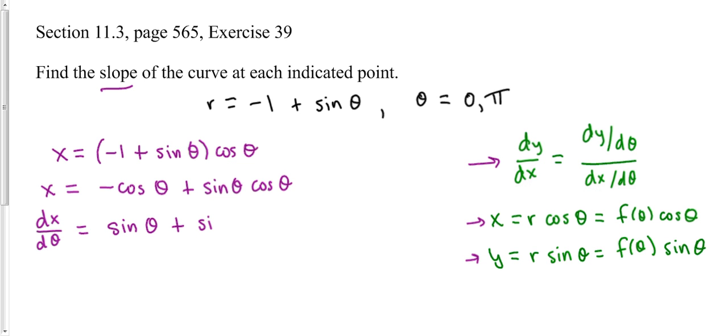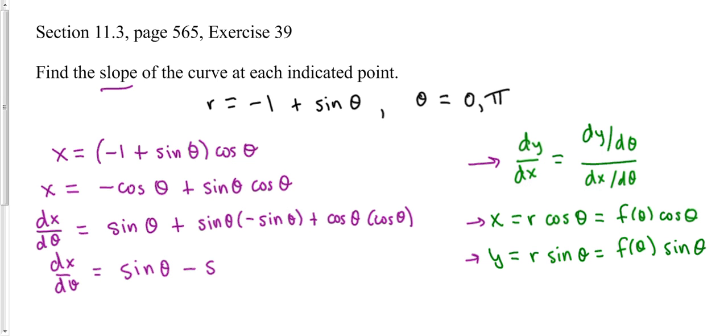So I'm going to have sine theta times the derivative of cosine theta, which is going to give me negative sine theta, plus cosine theta times the derivative of sine theta, which is going to give me another cosine theta. So dx/d theta is going to be sine theta minus sine squared theta plus cosine squared theta.